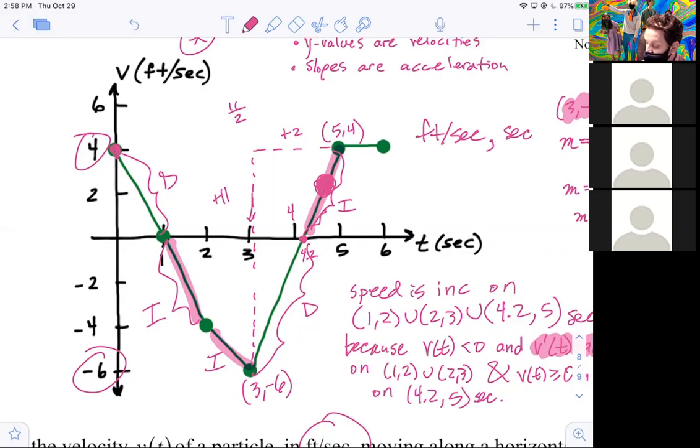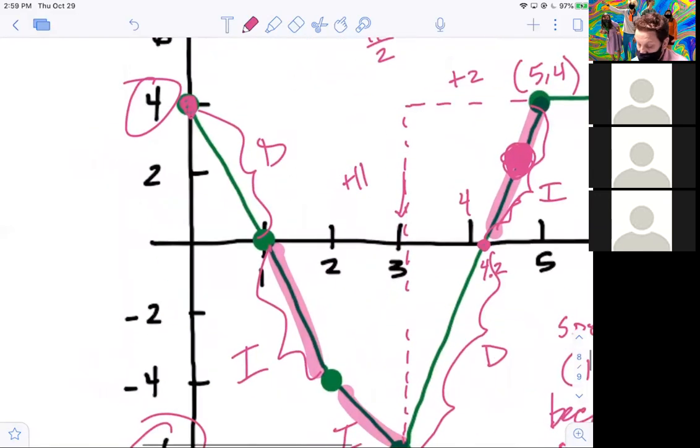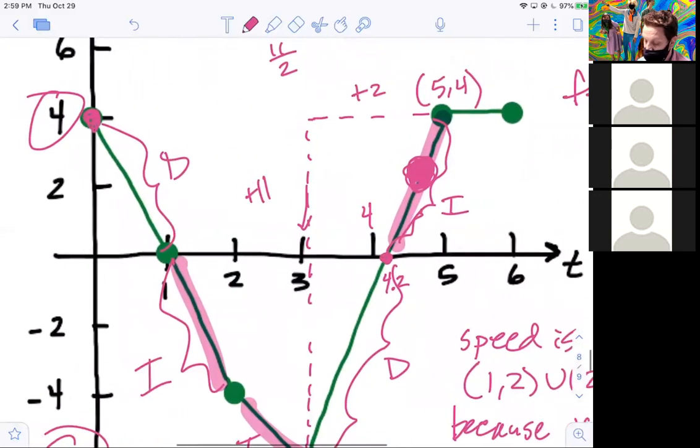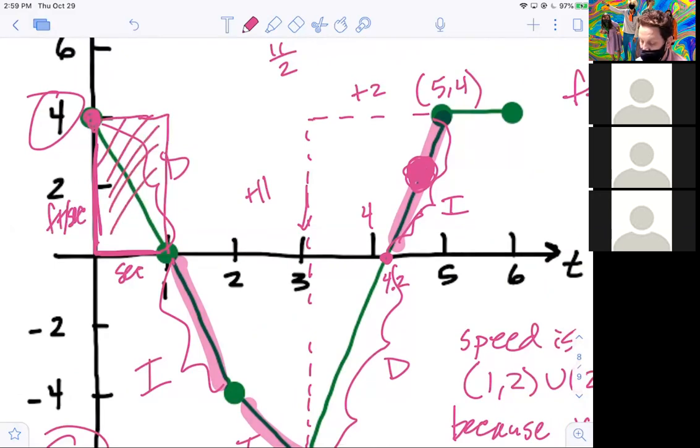When you don't do anything with them, you get feet per second, which is velocity. But when you multiply them, you get feet, and that's the unit we want. So look at it geometrically. When you multiply an x value times a y value, you're multiplying feet per second times seconds. What geometric shape are you actually finding? You're finding the area, right? And so there's some stoichiometric and geometric justification for what we're fixing to do.